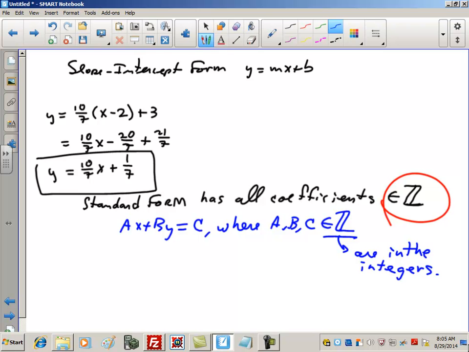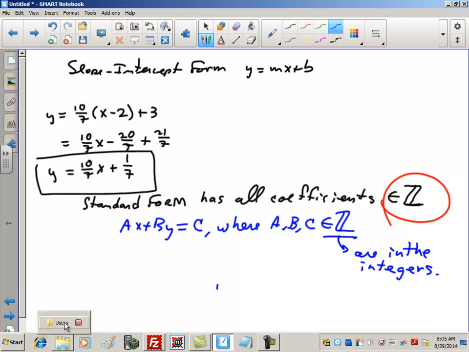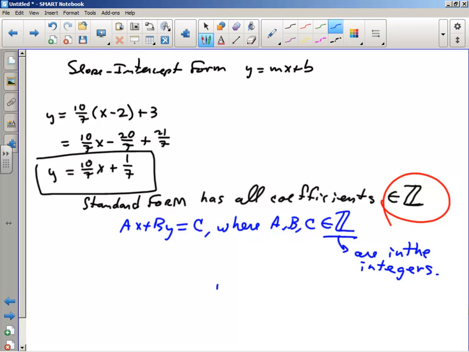So I've got the equation I had above, and I needed to get rid of that fraction at the bottom. Multiply everything inside there by 7. 7y equals 7 over 1 times 10 sevenths x plus 7 over 1 times 1 seventh.